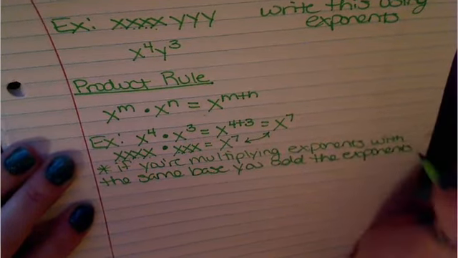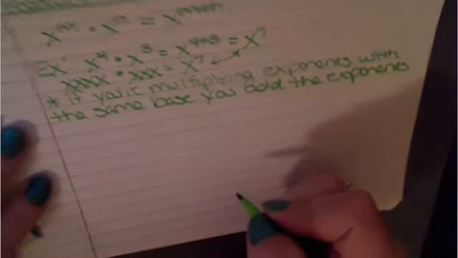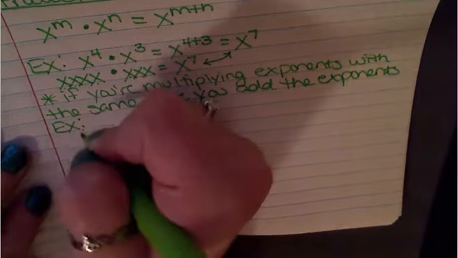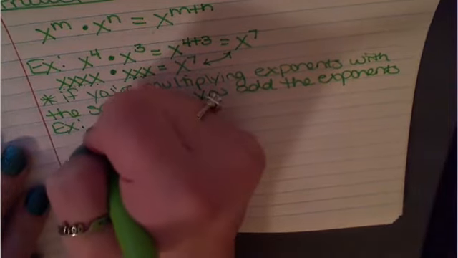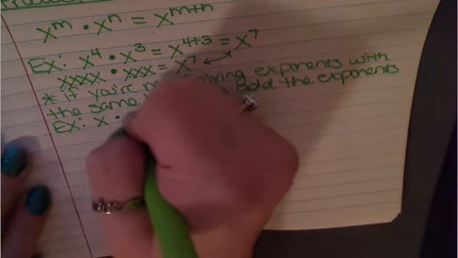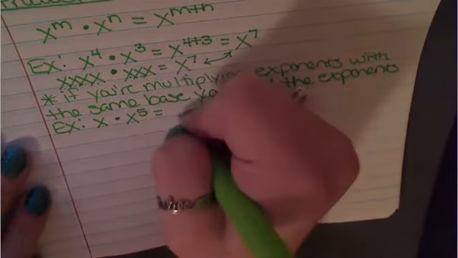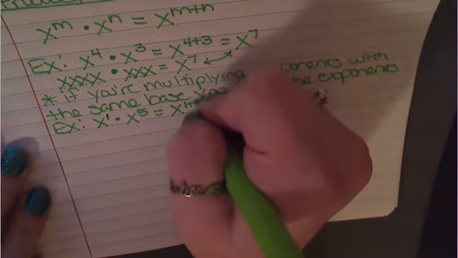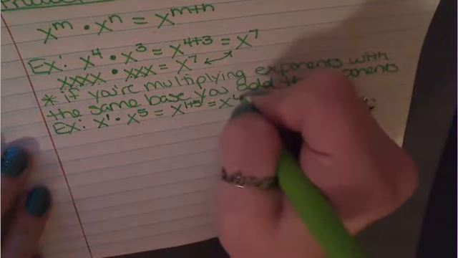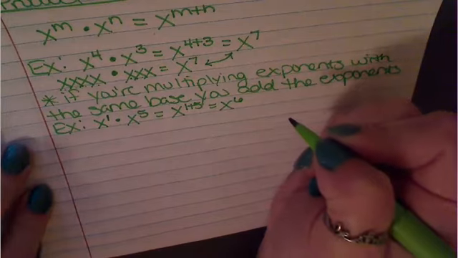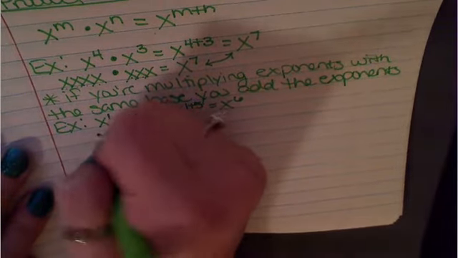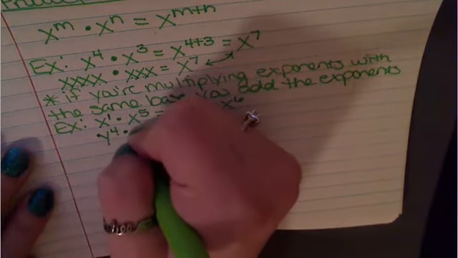So let's do another example. If we have x times x to the fifth, there's just one x there, so there's an understood 1. So it's 1 plus 5, which equals x to the sixth. What if we had y to the fourth times y to the seventh?